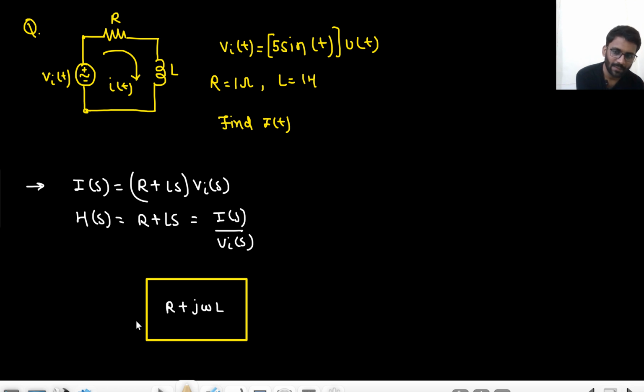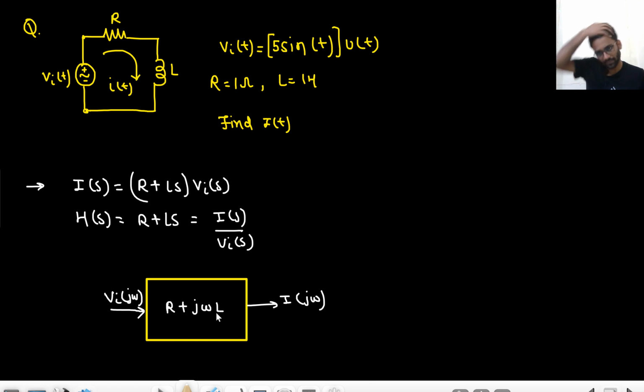So R plus j omega L. You are giving an input that is your voltage V in j omega, and you are getting an output that is a current, I of j omega, right? Output by input.